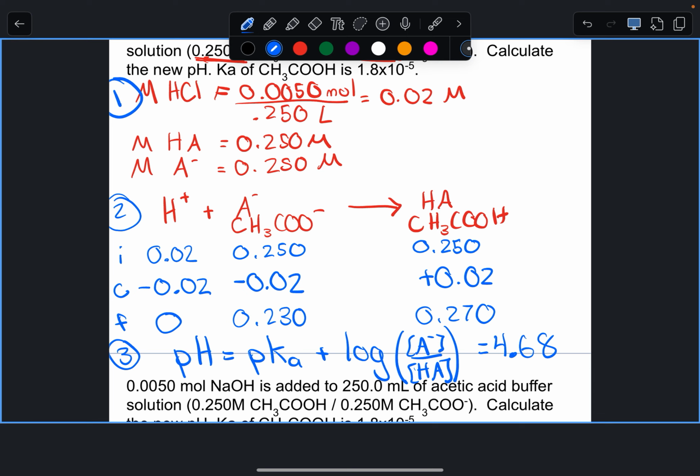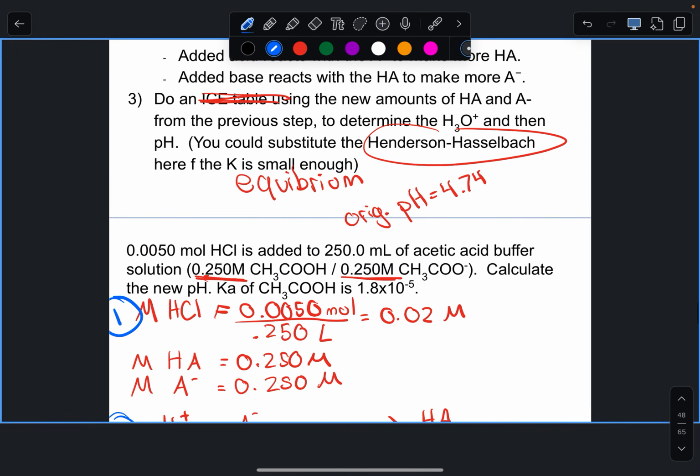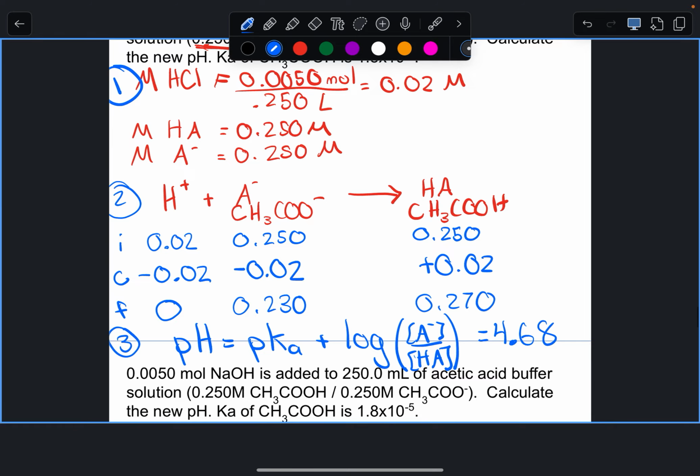All right, so second problem, I'm gonna let you guys work these 3 steps a little bit more independently. We're gonna now add a base to this. Let's actually look, how did the pH change? Okay, the original pH was 4.74, so it only dropped by what, 0.06? So like we added strong acid and it dropped by 0.06.